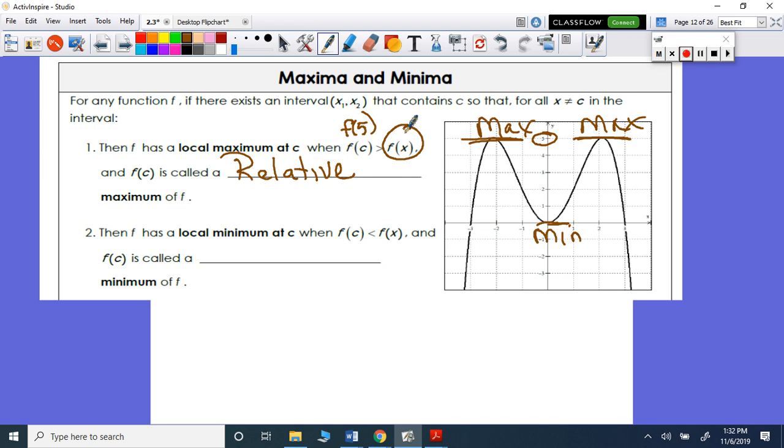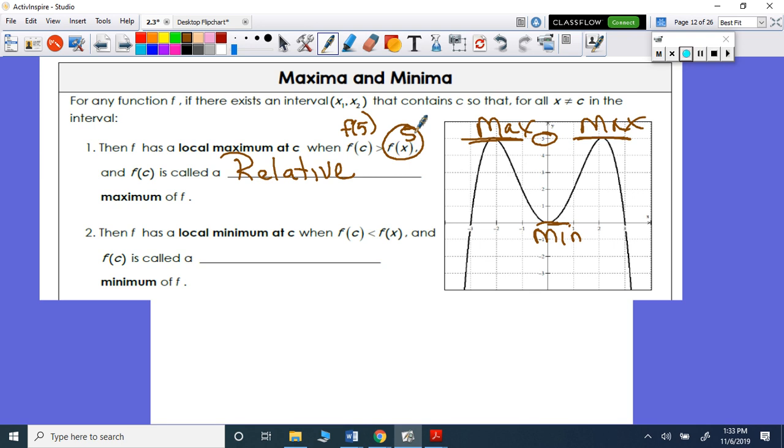So it would be bigger than when I plug in -2 and get 5. So if I took that max and plugged it back in, it would be bigger than f of -2. You're not going to need that, but the more theory we give you, the better prepared you're going to be.